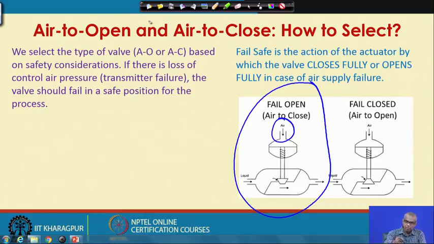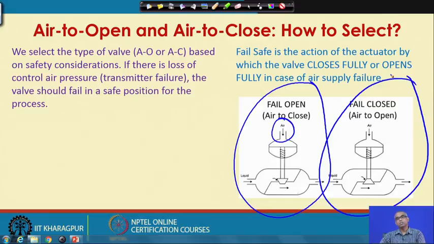Now, look at this schematic for the air to open control valve. Again, from the shape of the plug, you see that as the air pressure on the top of the diaphragm increases, the stem goes down, which increases the valve opening.